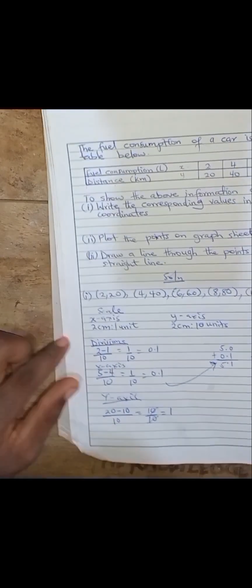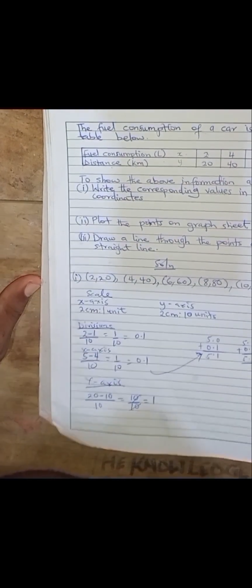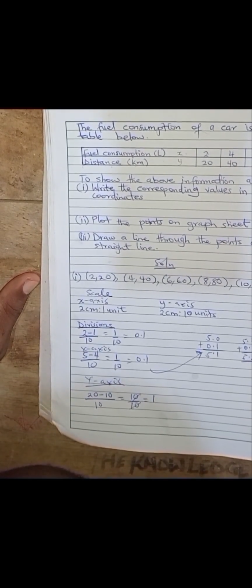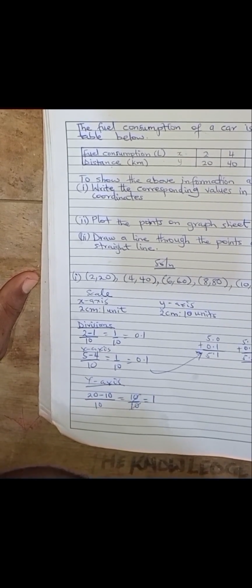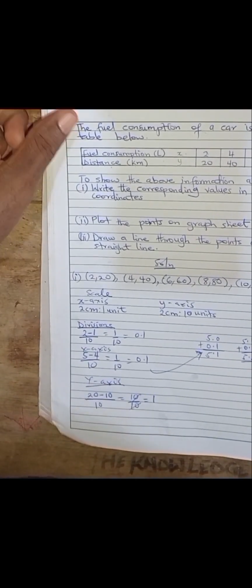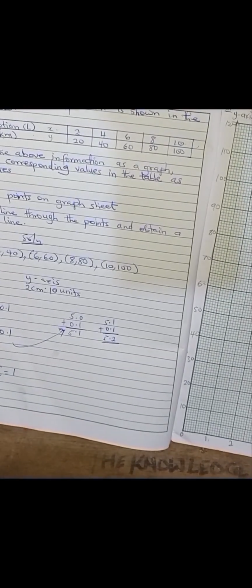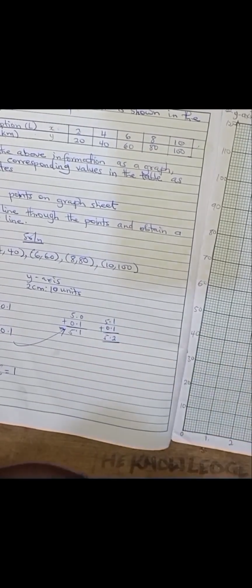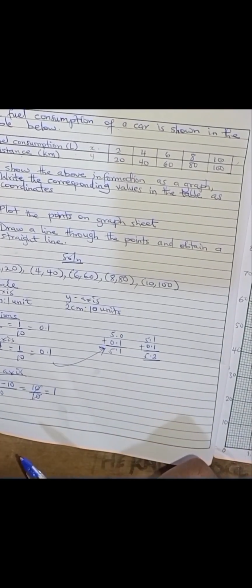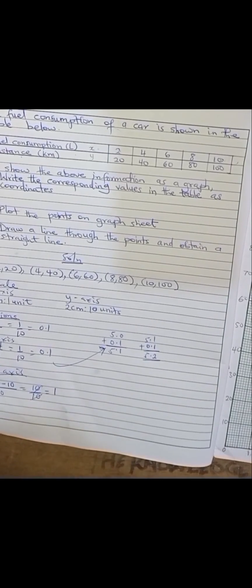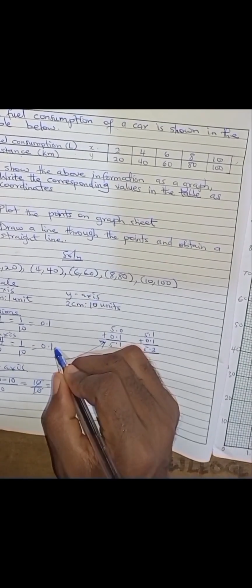So this means that each division on the y-axis, for distance measured in kilometers, each division is 1 kilometer. Just like for the x-axis, each division is 0.1 liters. For the y-axis, each division is 1 kilometer.